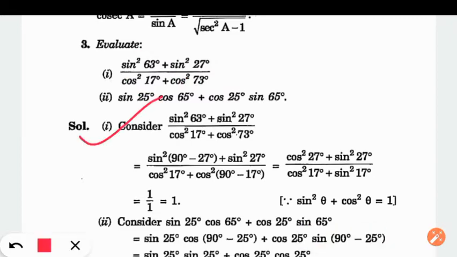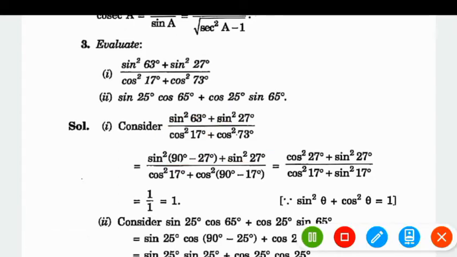So start with 1. Change either this one or this one. So I have changed sine square 63 degree. In place of 63 degree, can we write 90 degree minus 27 degree? And sine square 27 degrees as it is. Similarly, either you can change this one or this one.